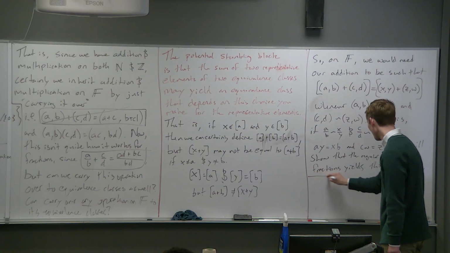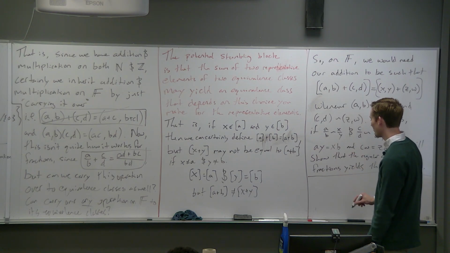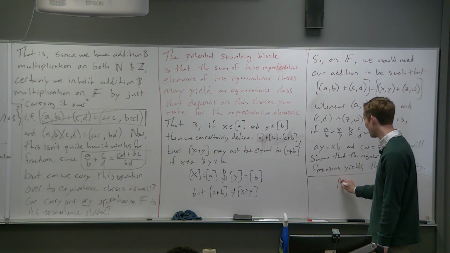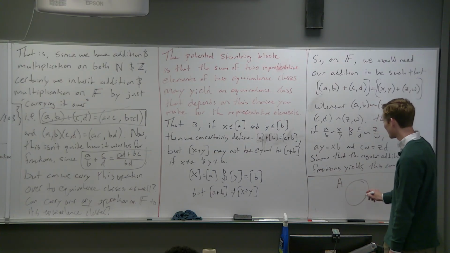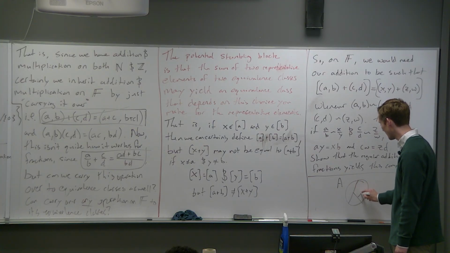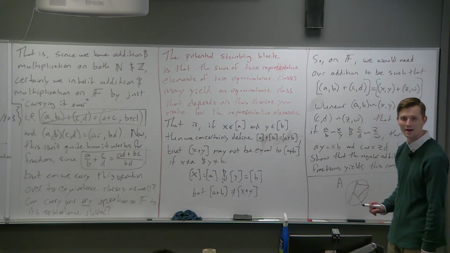But the picture, if you want it in your head, is basically the following. Don't even think about ordered pairs for a minute. You've just got some sort of a set, big A, and you've got some kind of an equivalence relation on it. Remember what this does is it cuts it into lots of different slices, and each of these slices is an equivalence class, yeah?